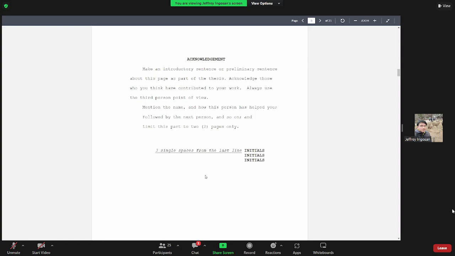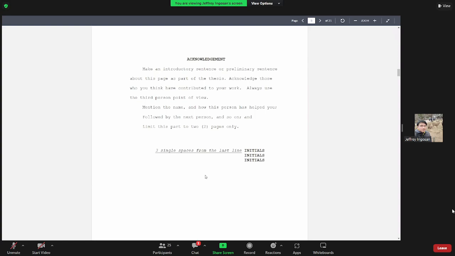Acknowledgement should be written in third person. So we should not see there "we." So it should always be the researcher, he, she. So refer to yourself in third person.